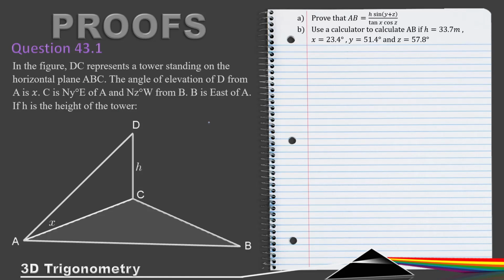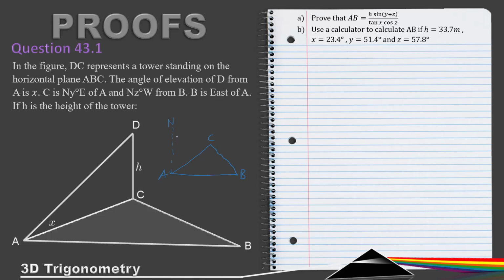Now to explain this, I'm going to draw this triangle flat. So let's say we are viewing this triangle from the top. Then we have A, C, and B. When we are at this point, north will obviously be in that direction.